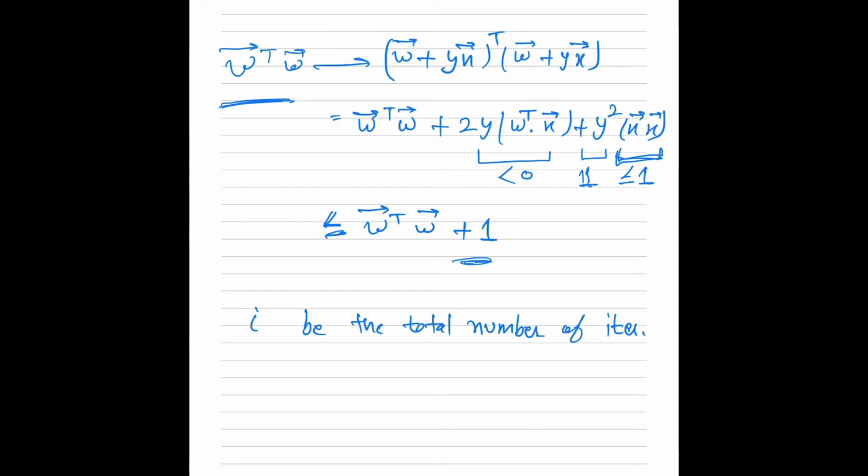If I make I updates in all my data set, my w will start from 0, and then my w transpose w star increases by at least lambda in each update. So after I updates, it must be at least I times lambda, right?